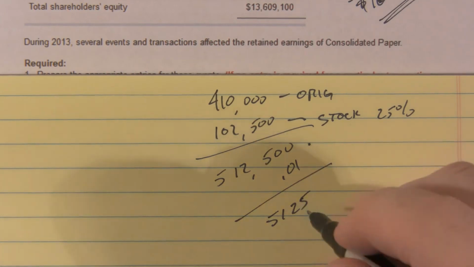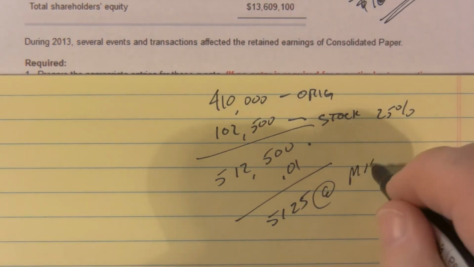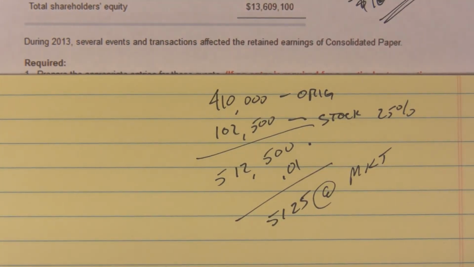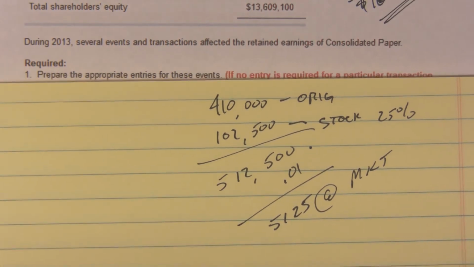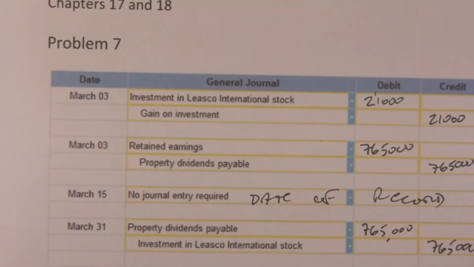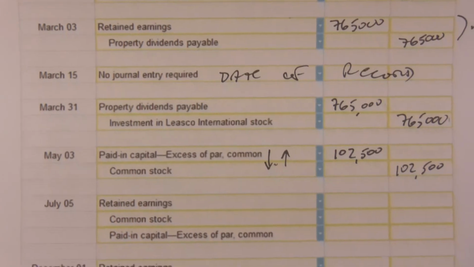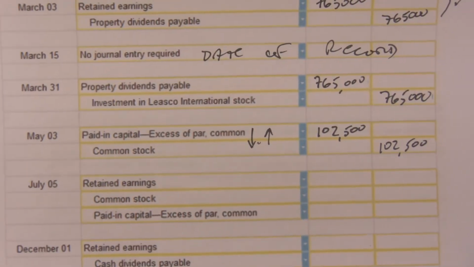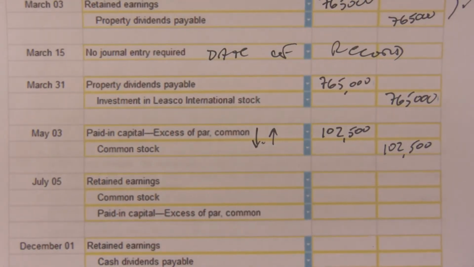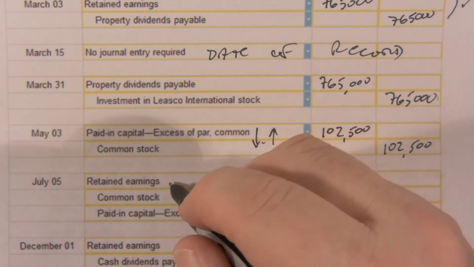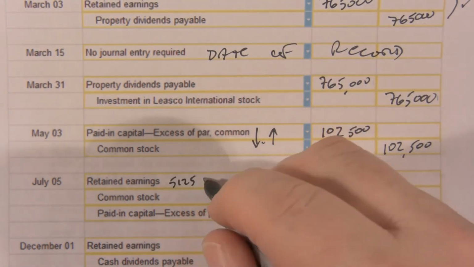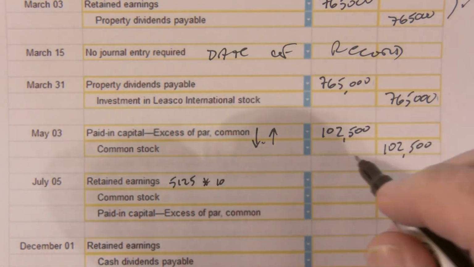That we will do at market, because that's a small stock dividend, 1%. So indeed, FASB will let us take that out of retained earnings, and we can do it at market price. So we're giving out 5,125 shares at $10 per share.